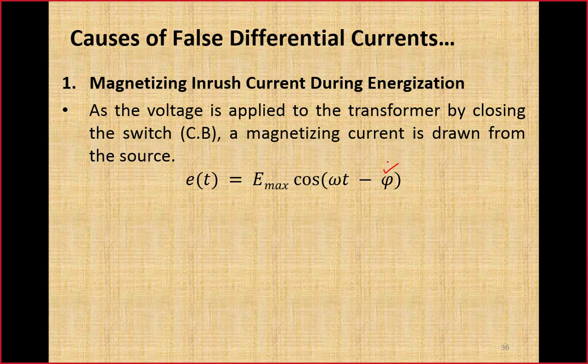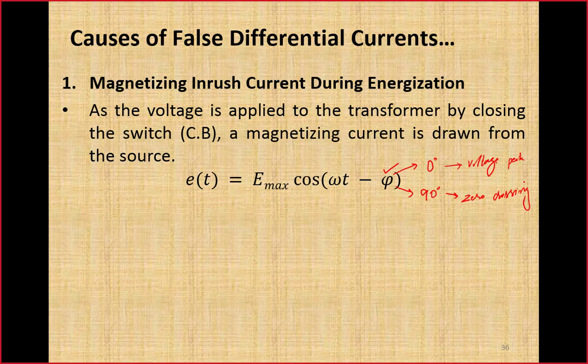It means switching has taken place at the peak value of the voltage waveform when phi is equal to 0 degrees, so voltage peak. Now if this angle is equal to 90 degrees or a multiple of 90 degrees, then this cos function will become 0 at time t equal to 0. So switching has taken place at the zero crossing of the voltage waveform.